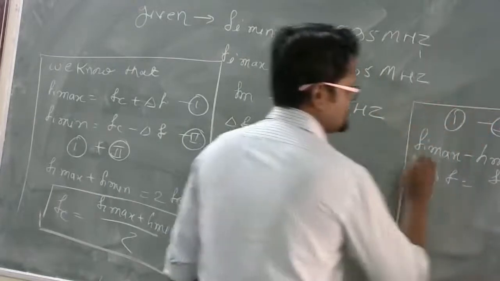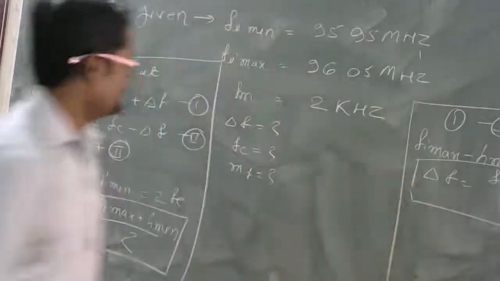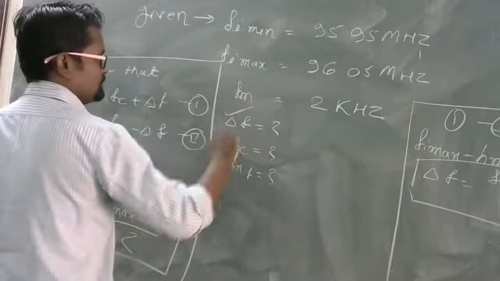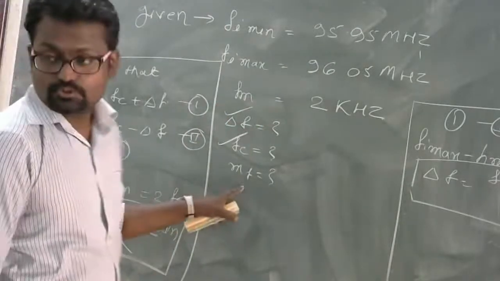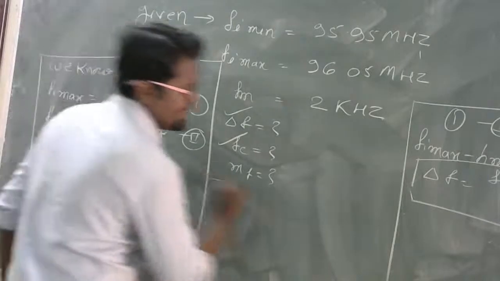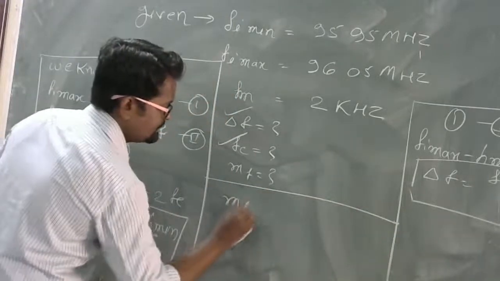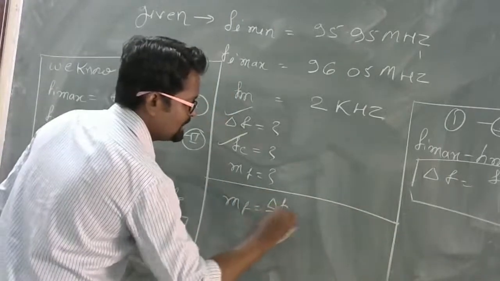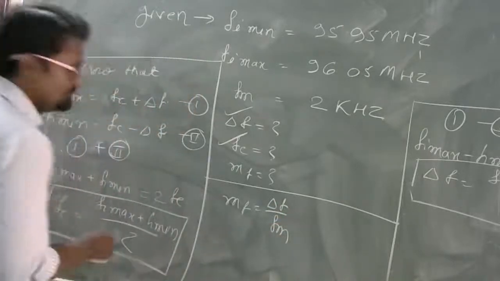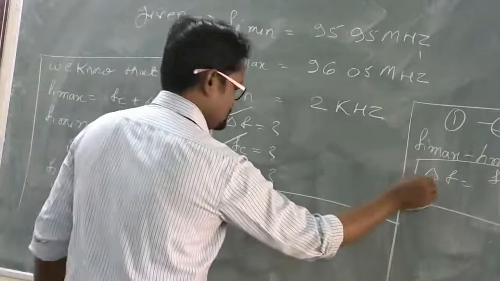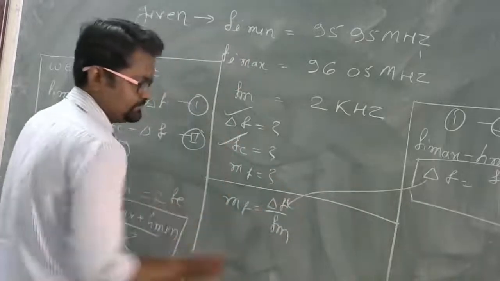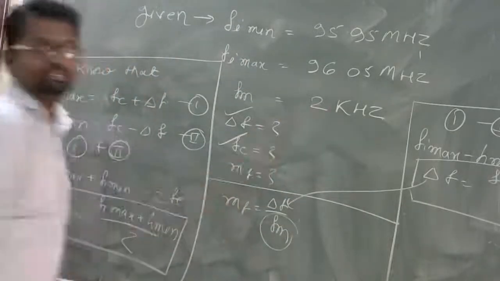By using this equation, you can easily calculate del F. Now, how can you calculate the value of MF? We know that modulation index MF equals to del F upon FM. By using this relationship, you can calculate it, and this FM value is already given in the question.